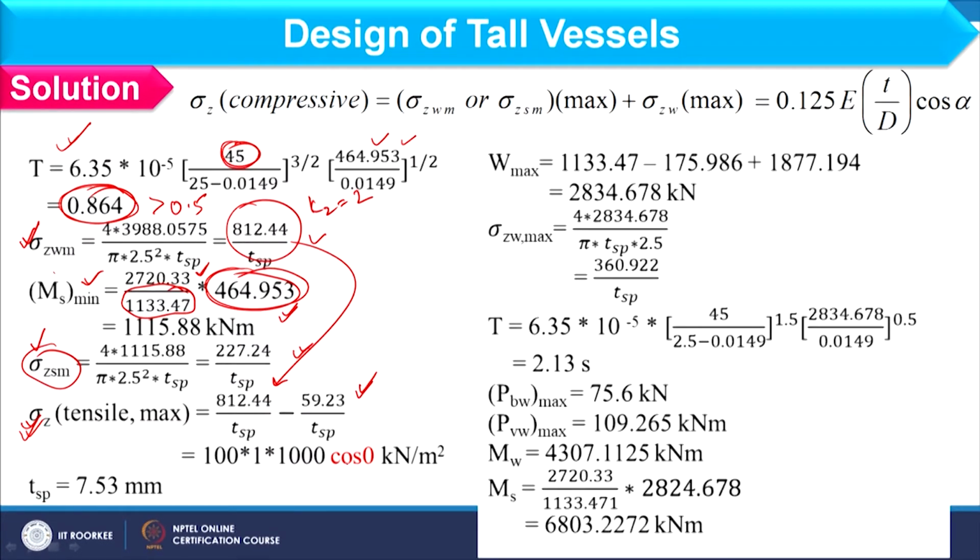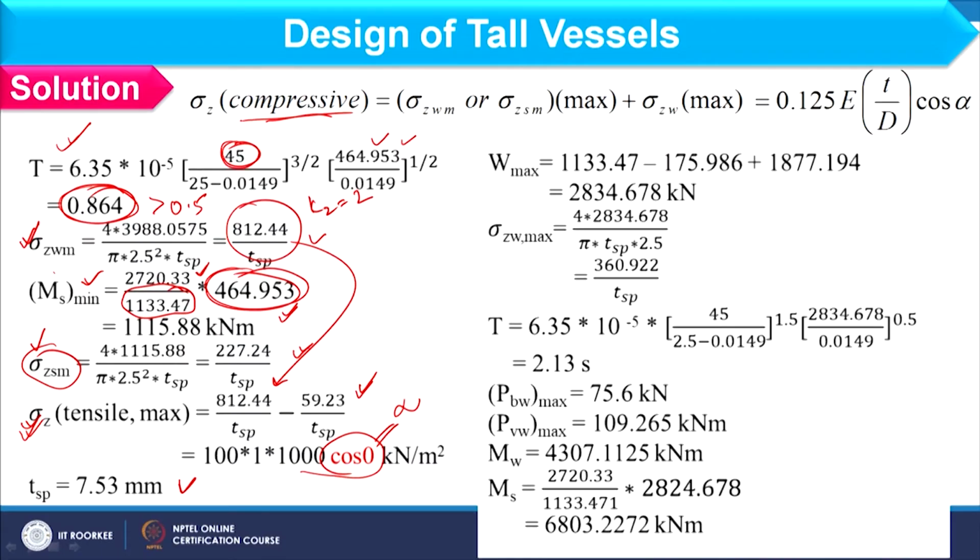So, that we can equate to Fj cos alpha, and alpha is 0 over here, because here we are considering the cylindrical support, right. So, total thickness of the support is coming out as 7.53 mm. Okay. So, in this way you can obtain the thickness of support considering tensile condition.